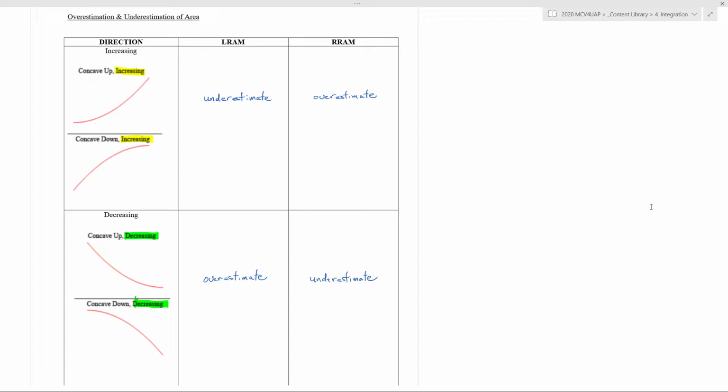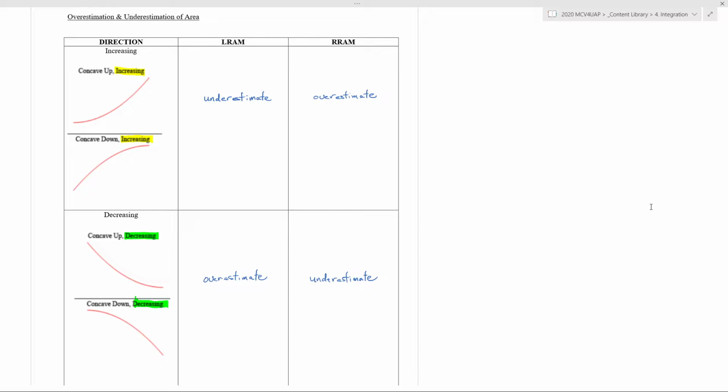And in the bottom half of the chart, you can see that if the function is decreasing, then it's the opposite of that. Regardless of whether the function is concave up or concave down, as long as the function is decreasing, LRAM would be an overestimate and RRAM would be an underestimate.